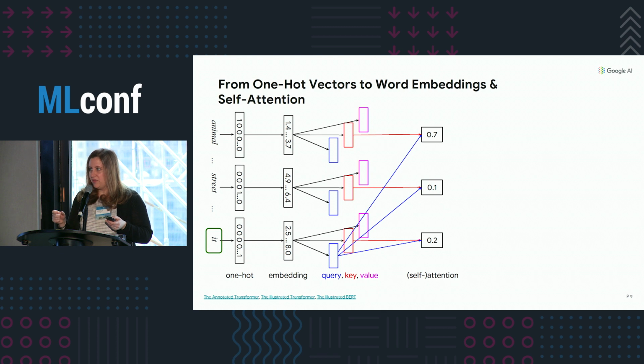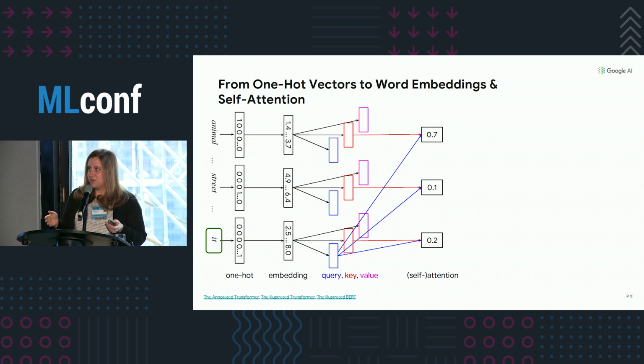And so the query for the word it is going to be compared against the key for all of the other words in the sentence, which show how good a representation am I for people who might want to attend to me. So we take the dot product between the query for it and the key for each of the different words in the sentence, and we normalize. Then we get a distribution like, it should depend on animal 70% and street 10% and it itself 20%.